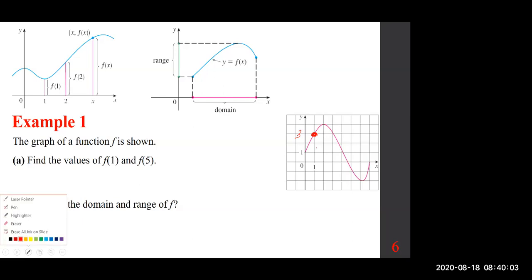So now when I'm looking at f of 5, okay, then I'm looking at this point. As you look at this point, the x-coordinate is 5.